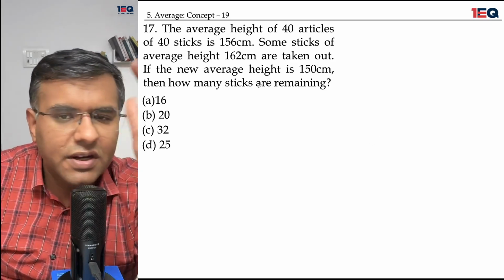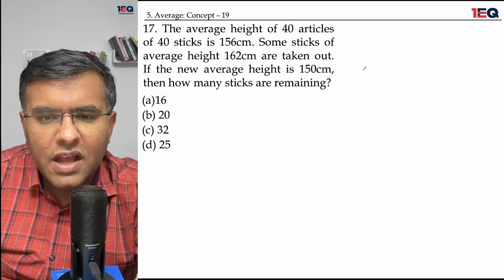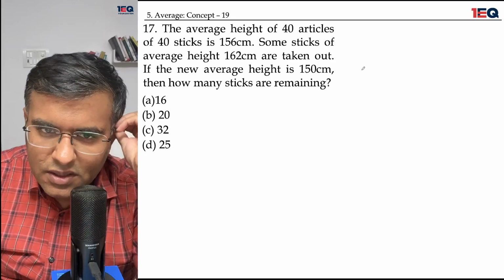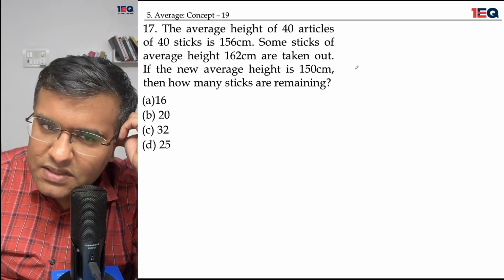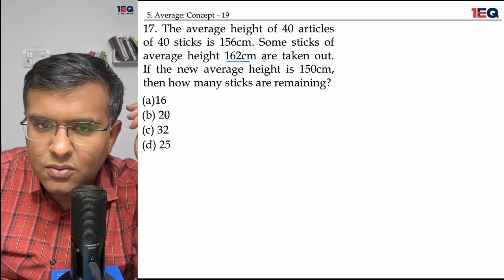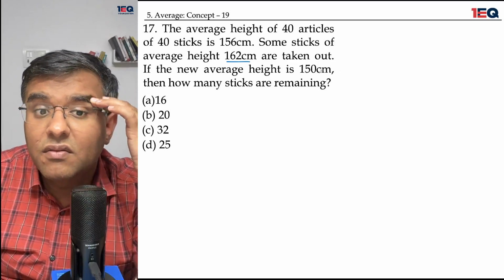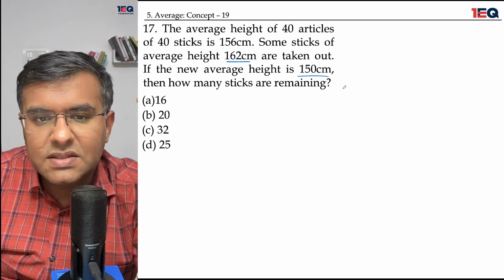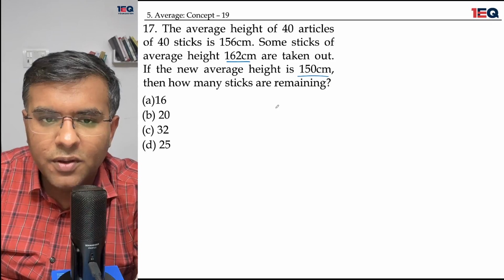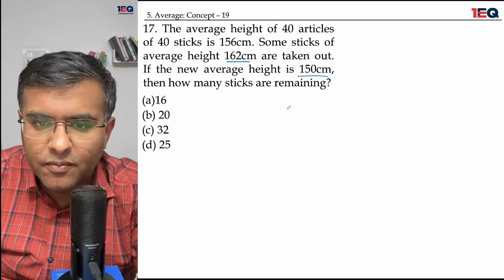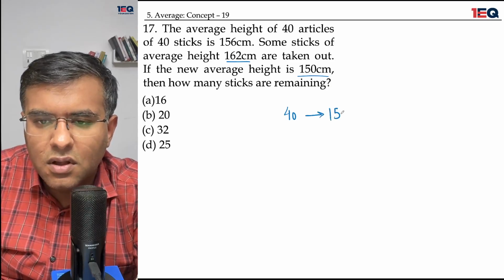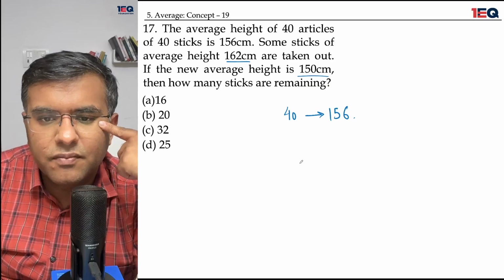I'll quickly see what needs to be done here as well. The average height of 40 sticks is 156. Some sticks of average height 162 are taken out. If the new average height is 150, then how many sticks are remaining? So for 40, the average height was 156.